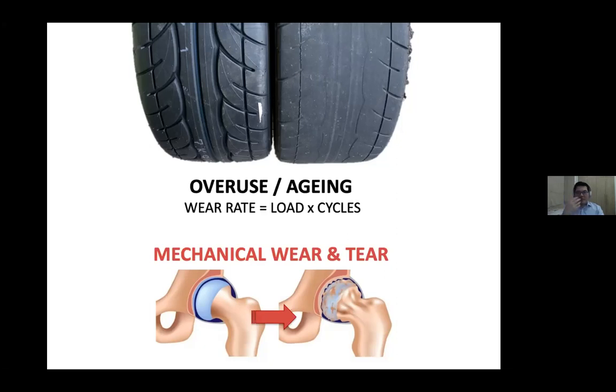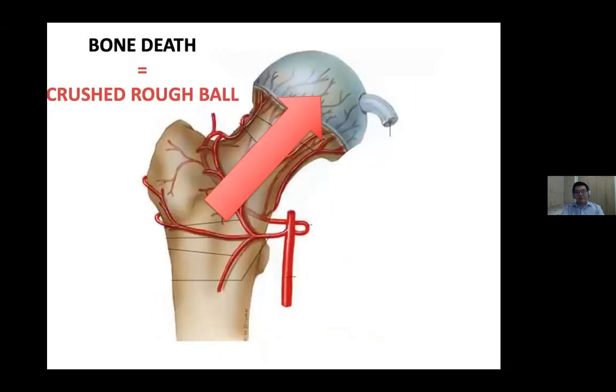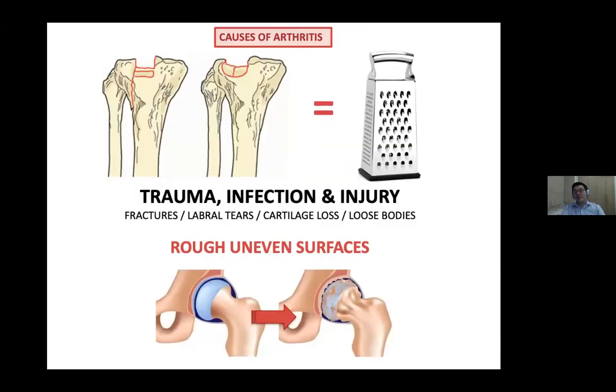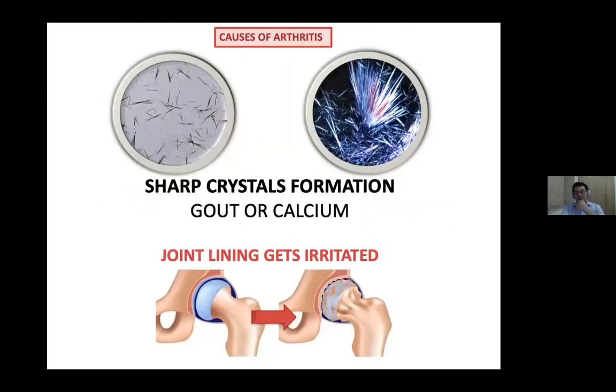When the bones develop slightly differently, they are more prone to overuse and aging, leading on to faster mechanical wear and tear. So these are the typical causes of any form of arthritis in any part of the body.